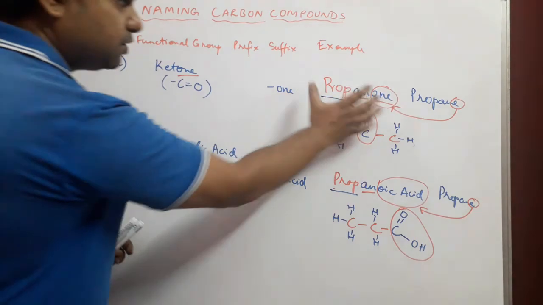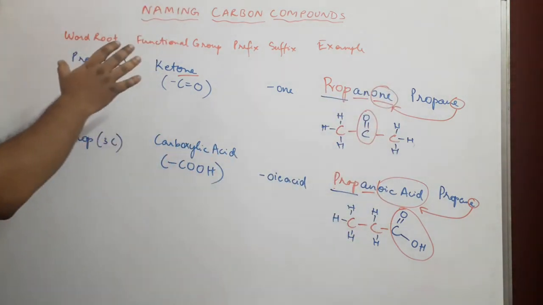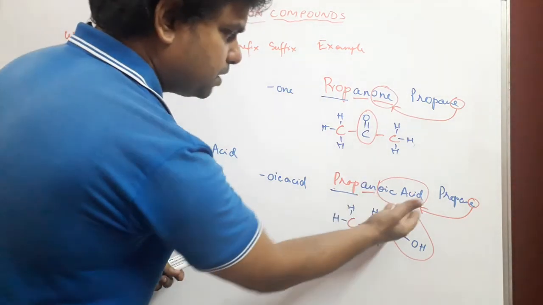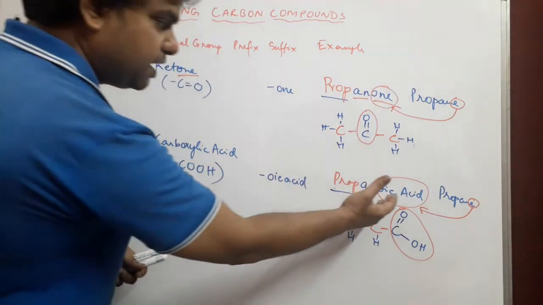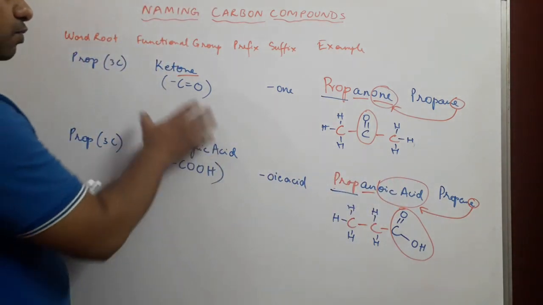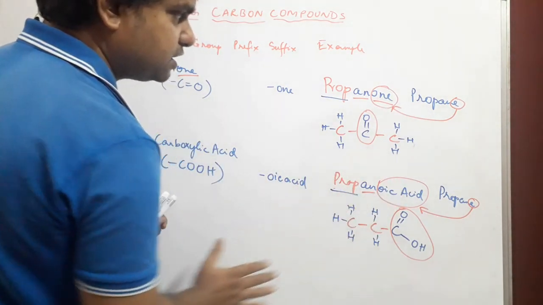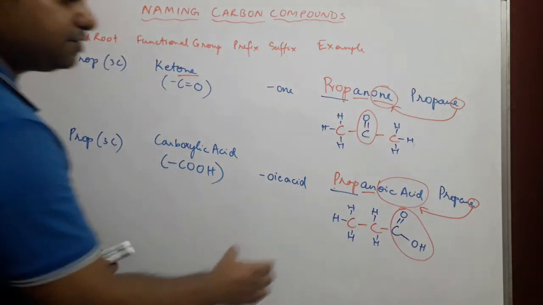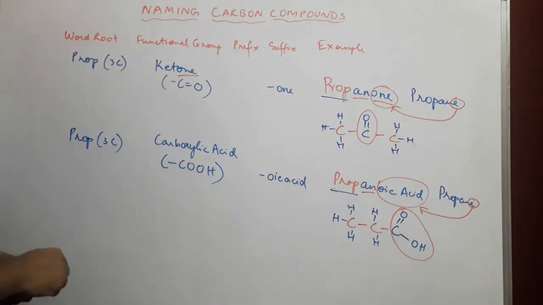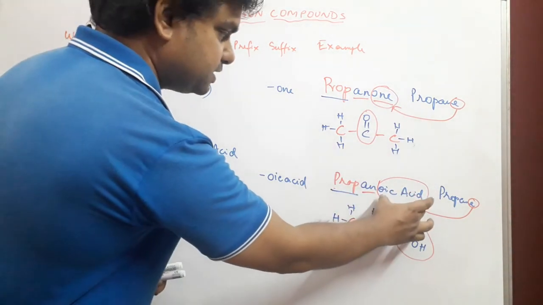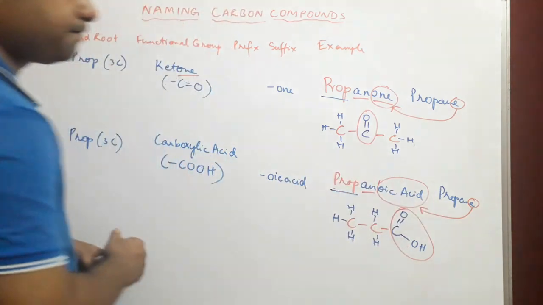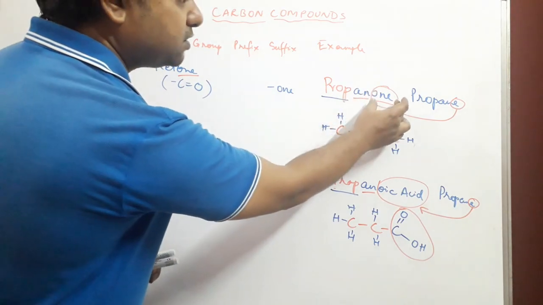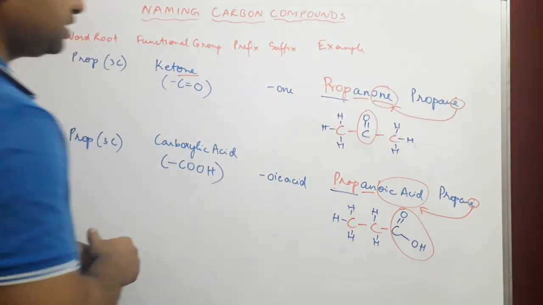But we are interested only in naming the carbon compound, because in the exam you will actually be given a compound and you would have to tell what type of functional group is associated with that compound. Like you may get over here propanoic acid, and from that you need to identify that okay, it's a carboxylic acid group because the suffix ends with oic acid. Or in case of propanone, from there you will come to know okay, the suffix is ending with one, that means it is a ketone.